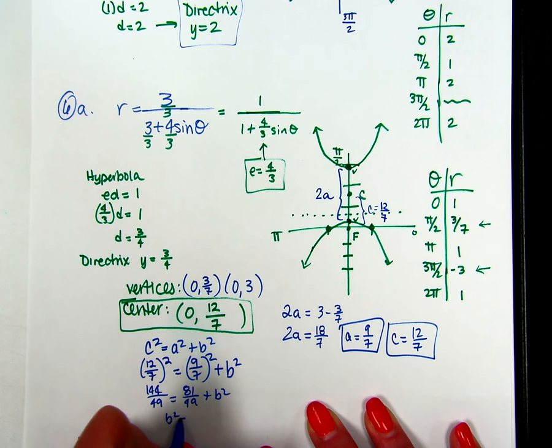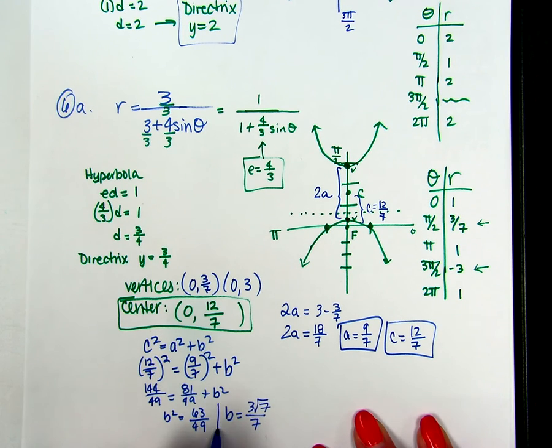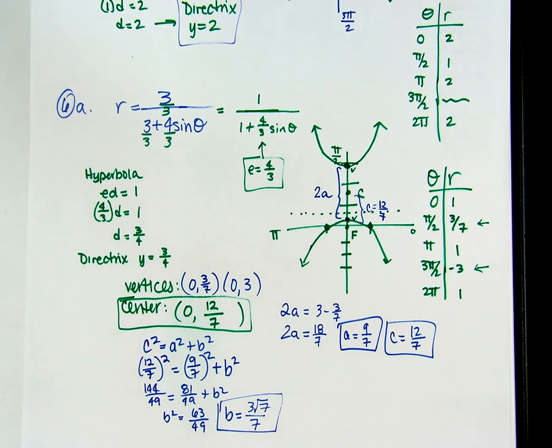So B squared equals 63/49. And if I square root that, then B is equal to the square root of 63 over 7, that is 3√7/7. All right, and then we've identified everything. So eccentricity, center, A, B, and C. And we have a graph.